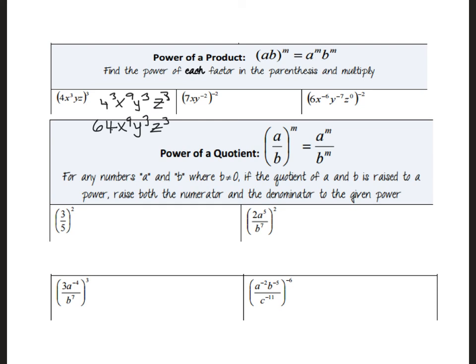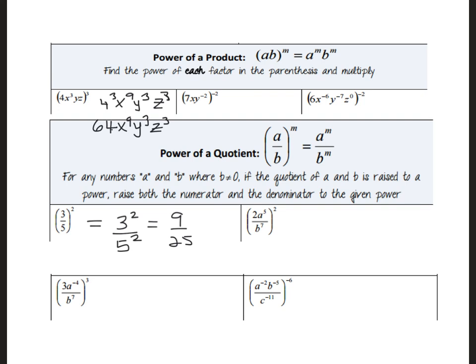Okay, and the next one is the power of a quotient. The same thing, you just have a raised to m and b raised to m. If I have this example here, I get 3 squared over 5 squared. And of course, you could simplify that to 9 over 25.